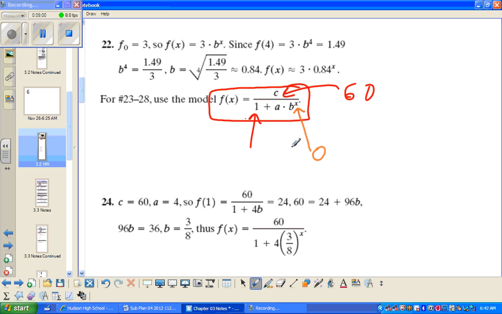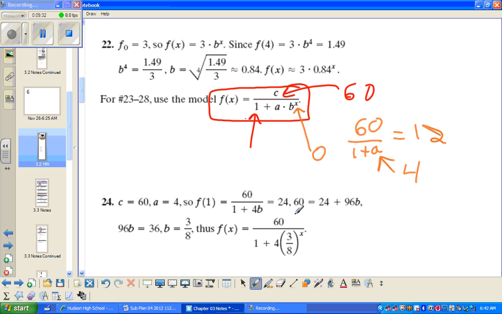So if your initial value as told is 12, then you're simply solving 60 divided by 1 plus A equals 12. So then it just boils down to cross multiplying, and actually you just do this in your head. 60 divided by 12 is 5. Well, 1 plus what equals 5? 4. So your A value would be 4.